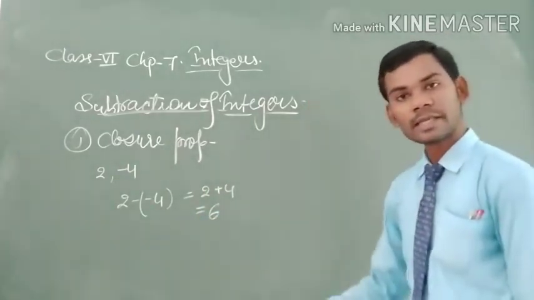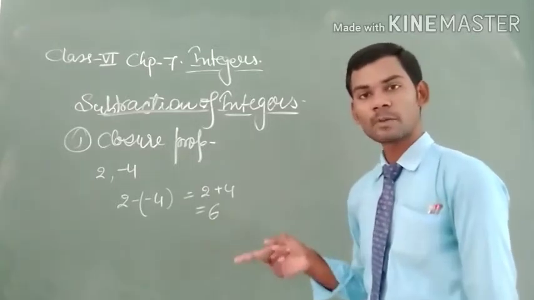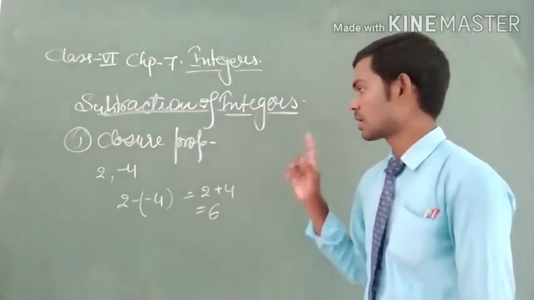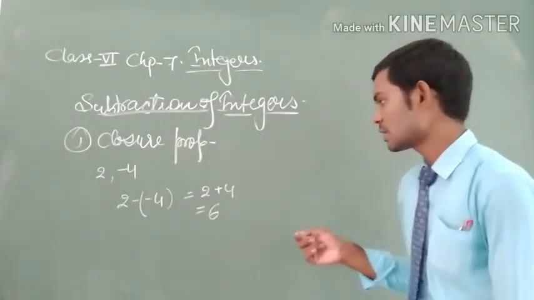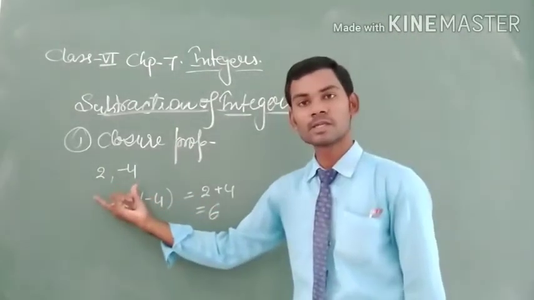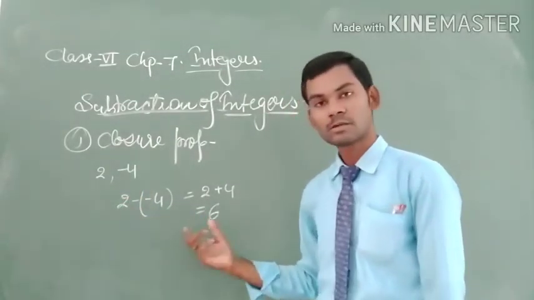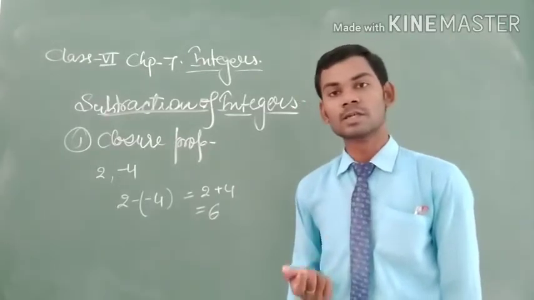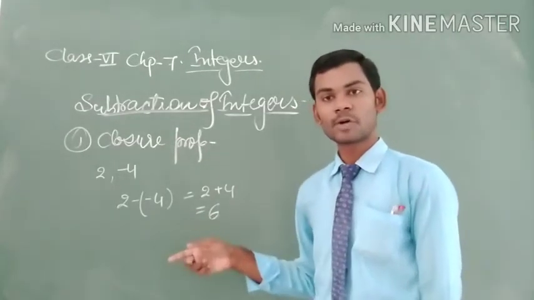And here 6 is again an integer, which means that the closure property is satisfied by the integers under subtraction. If we take any two integers and solve them, we get a new number which is also an integer.